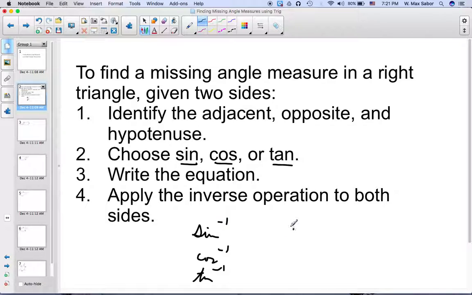We can also call it arc sine. You can call it arc sine or inverse sine, but either way, you have to do this in order to find the angle that was the original input.